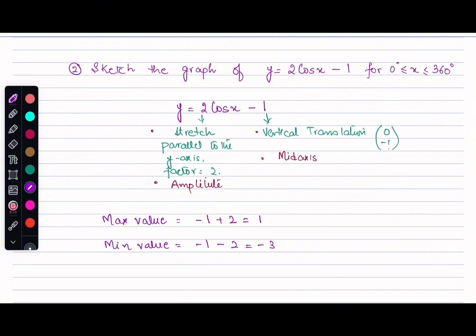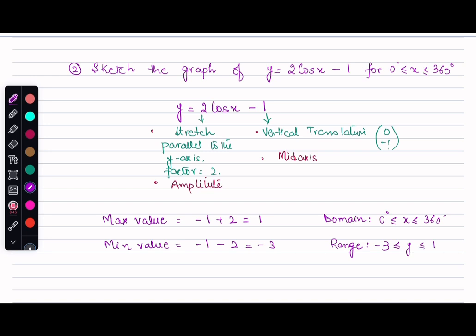So we can say that the range of the graph is actually the domain here. We know that the domain is given. It is 0 degrees less than or equal to x, which is less than or equal to 360 degrees. And the range of the graph, the y values, have to be from negative 3 less than or equal to y, or 2 cos of x minus 1, which should be less than or equal to 1.